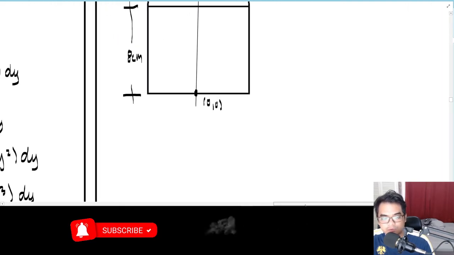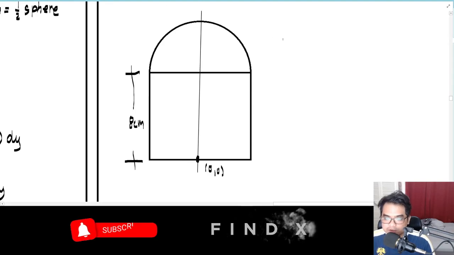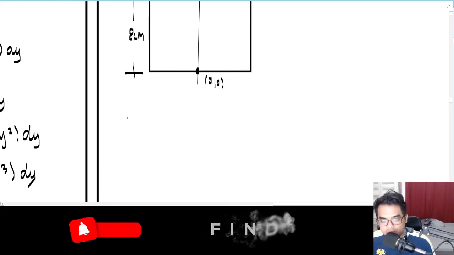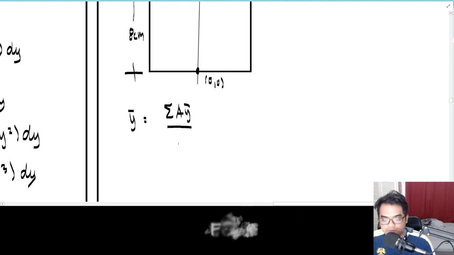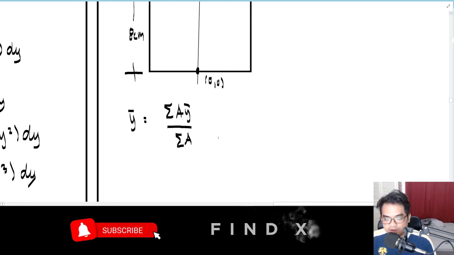So what will happen here is, we already know that the x bar is equal to 0, right? The center is at 0 for the x bar, but for the y bar, since that is just 2D, we can have the summation of a y prime over the summation of area.